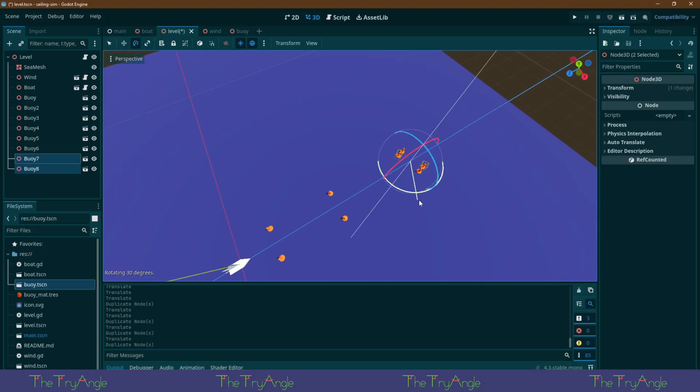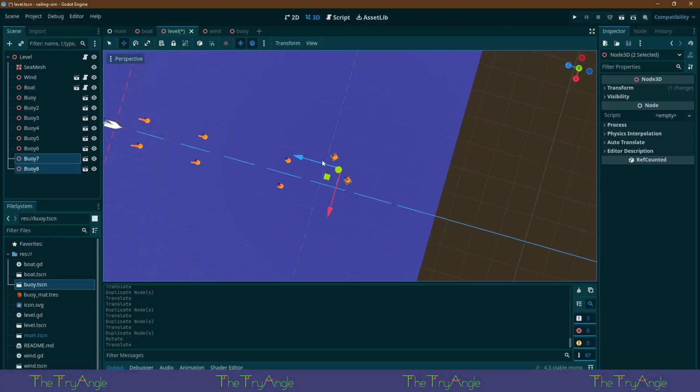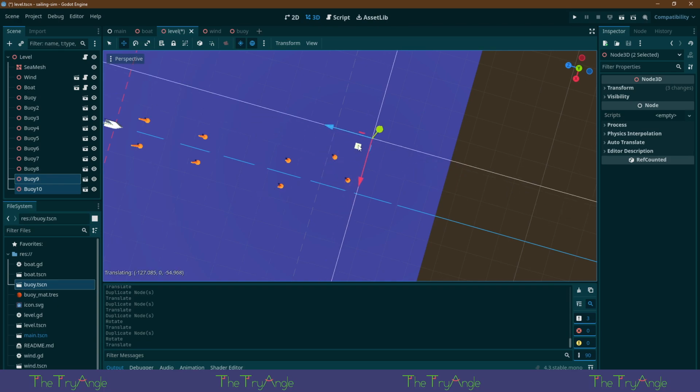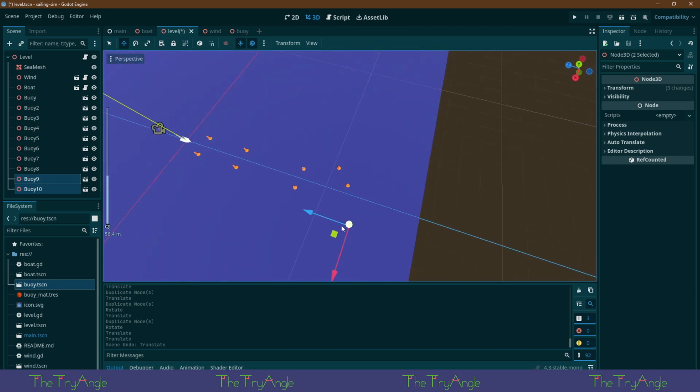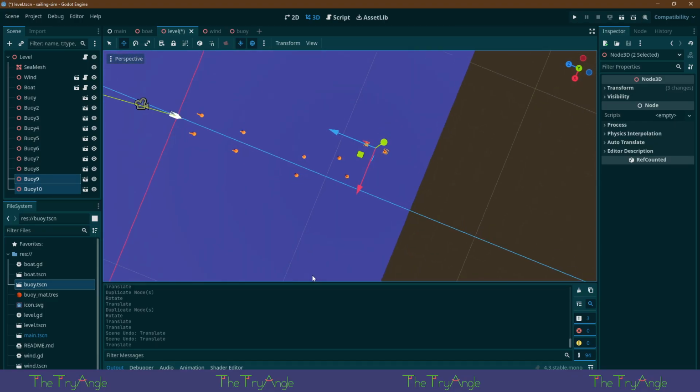And we're going to do this. And say you go over here. And then we'll duplicate you again. And rotate. And... ooh. Weird. Oh. Here you are.